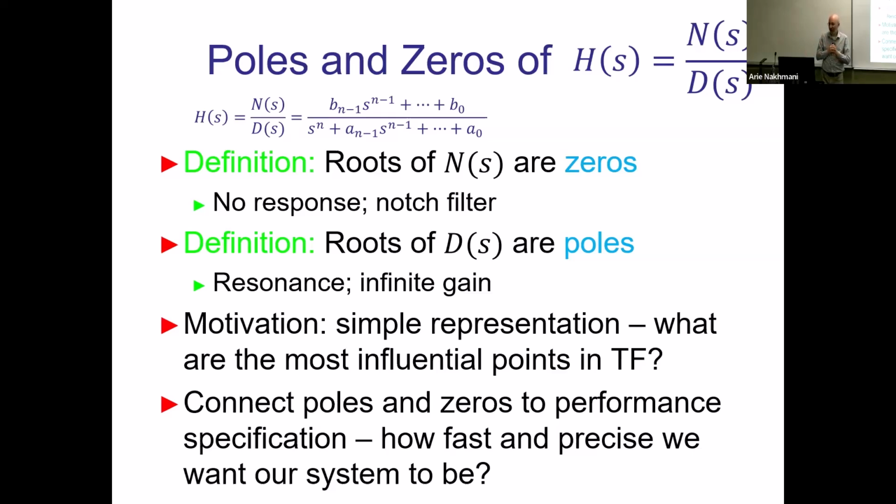I get what you're saying. Now, poles are the opposite, which means if you have a root here, then you have infinite gain at that frequency. So it's a notch the other way, or resonance. At that particular frequency, the gain will be infinite.